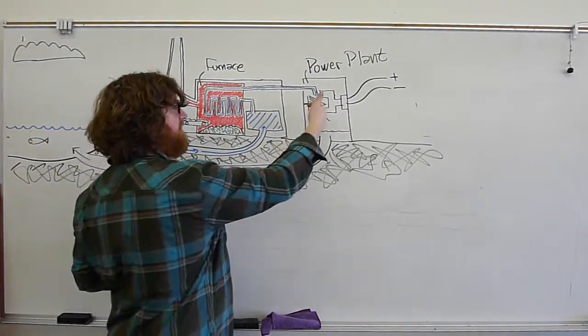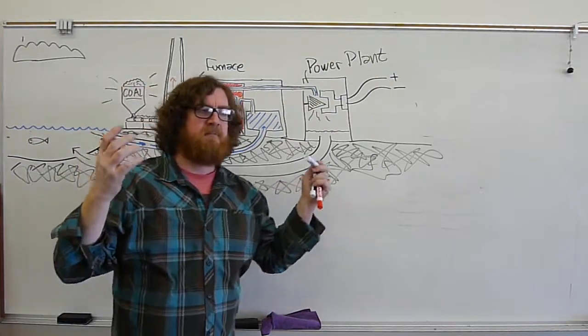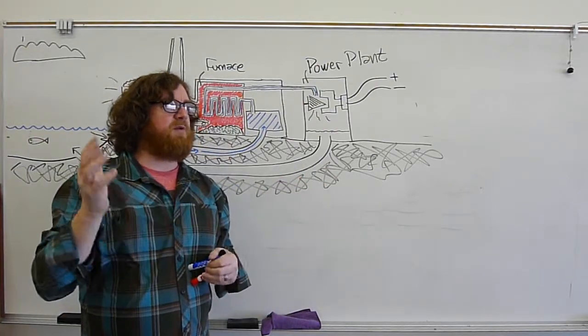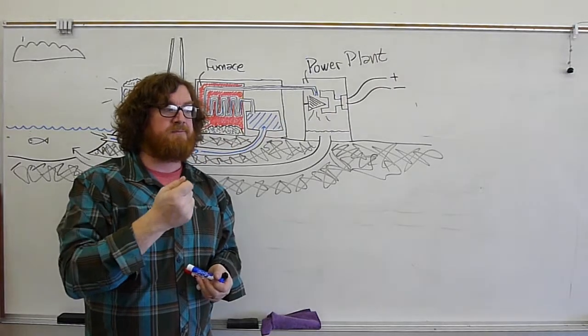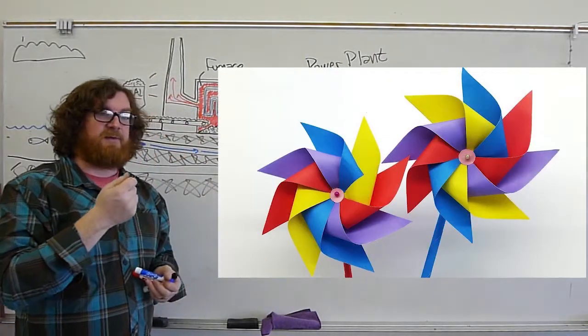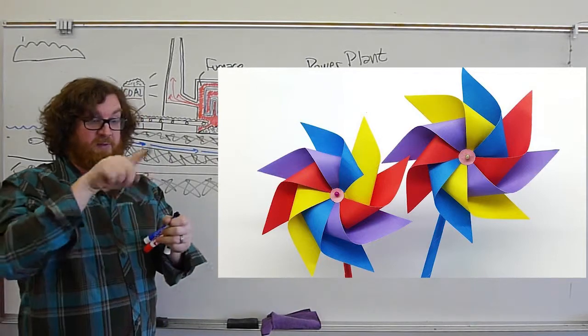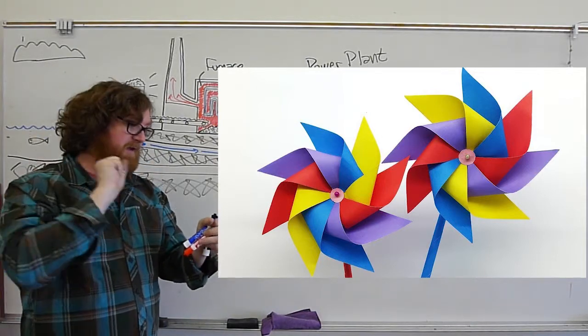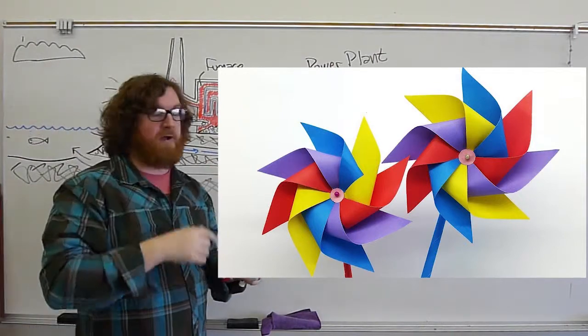Here, the steam actually spins a turbine, which, if we want to really strip it down and get simple, it's kind of like blowing on a, what are those things my kid has? Like a little pinwheel, right? So you can imagine if you blow on a pinwheel, it spins. So here we've got a lot of steam and a really heavy pinwheel called a turbine.